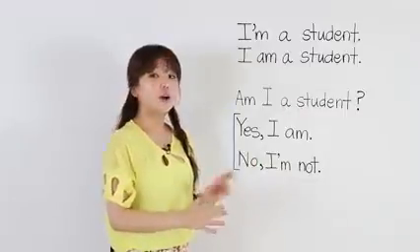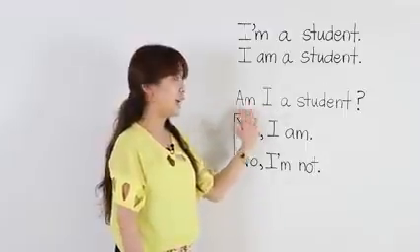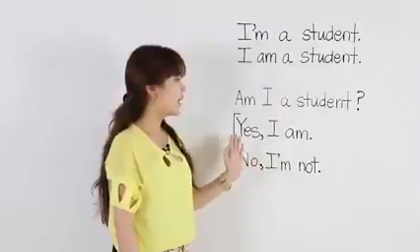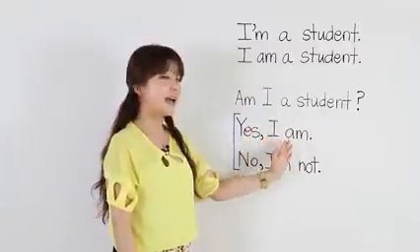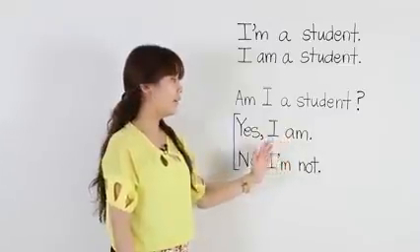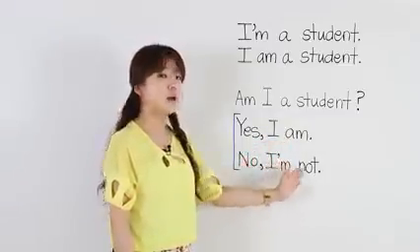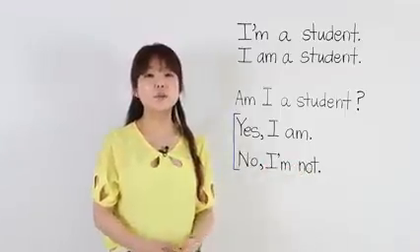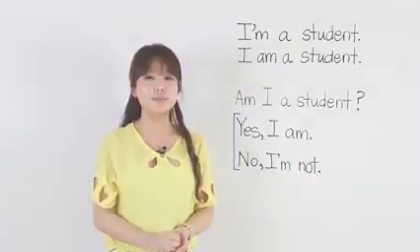Now there are two possible answers for this question. Am I a student? The answers you can say are, yes, I am, and no, I'm not. We're going to look at some more examples. Please make sure you repeat after each example.